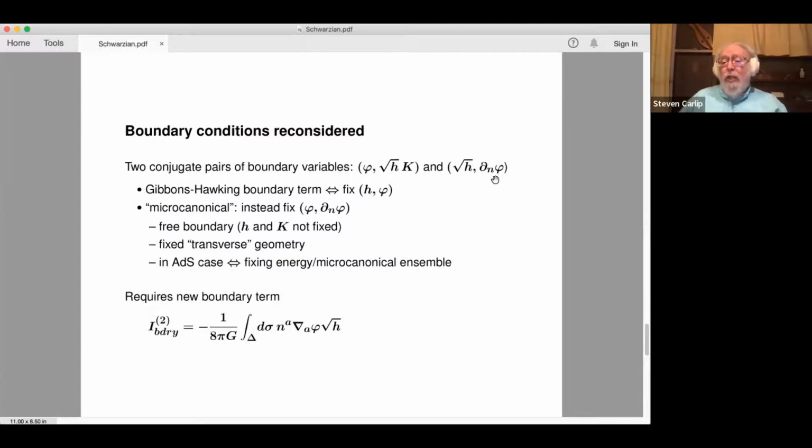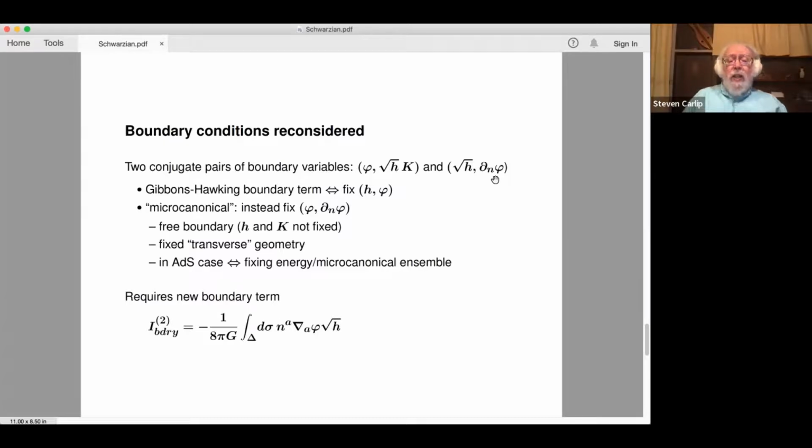That is, that we have a free boundary. The other choice is restricting the boundary. It means that what we are restricting is the transverse geometry, if for Schwarzschild or Kerr metric, if you like, the geometry in the theta phi direction, which seems to be a perfectly natural thing to do.